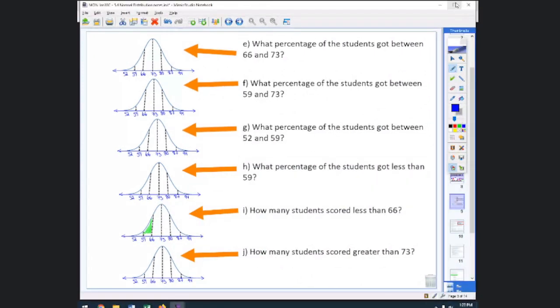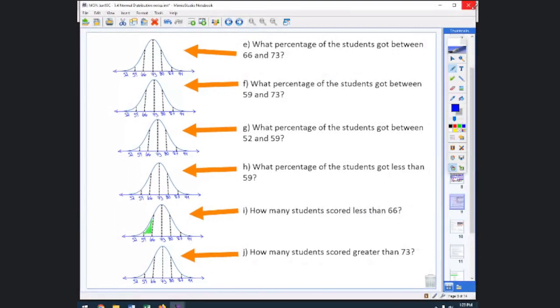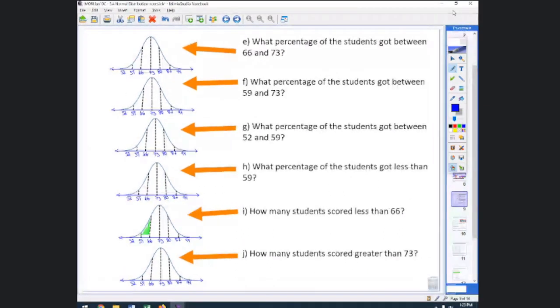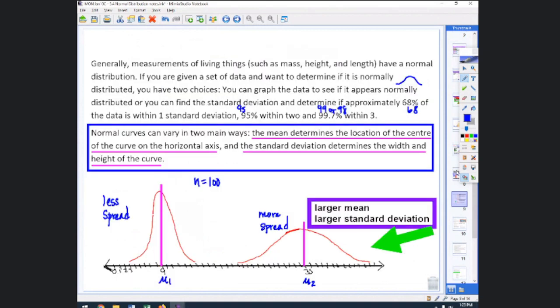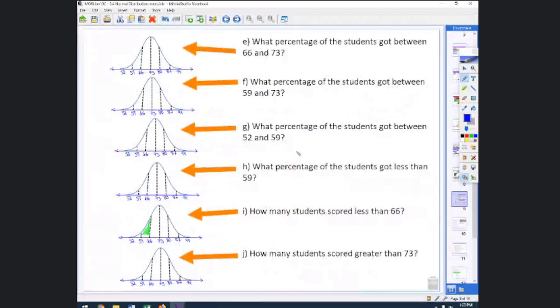See if I can make this so that it's a little bit smaller so you can see it. Or no, I think you can probably see it okay. So for this particular section, I would like for you to try these few questions. I'll give you a couple minutes.